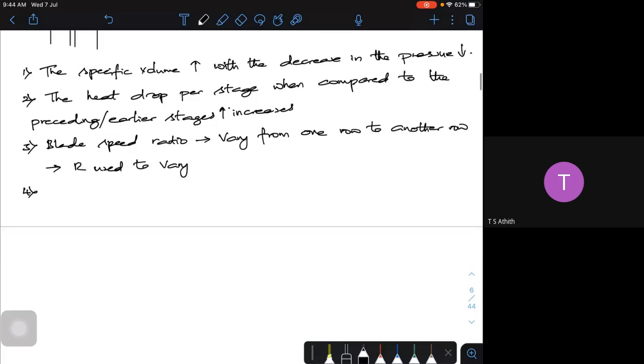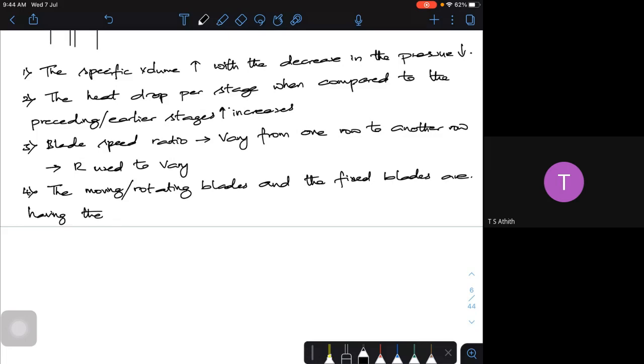Okay, the moving or rotating blades and the fixed blades are having the same blade sections.